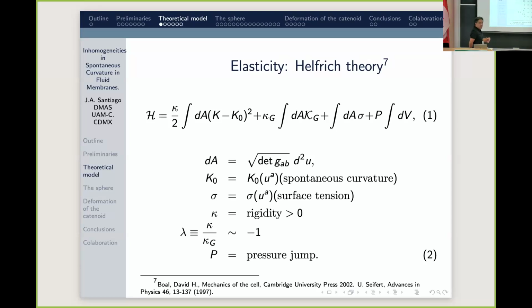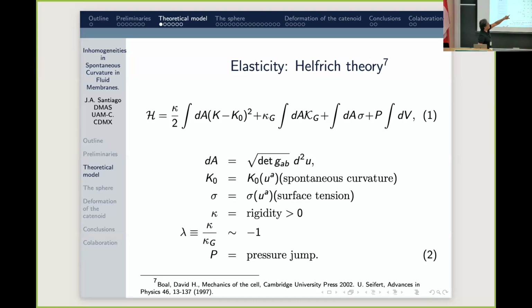In this work, we consider that both the spontaneous curvature and the surface tension are inhomogeneous functions defined on the surface. Normally, these are taken as constants over the surface. The dA in this formula is the element of area.